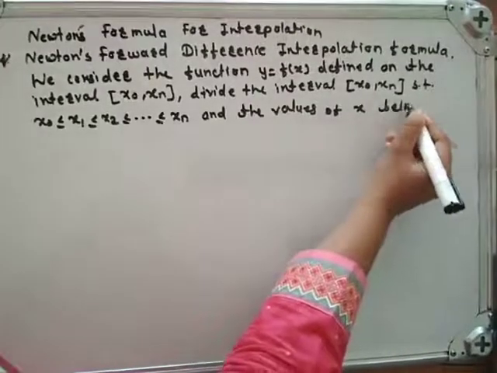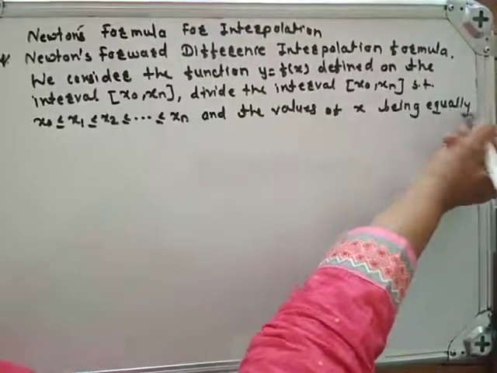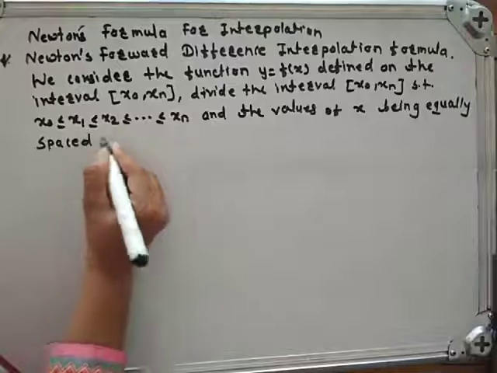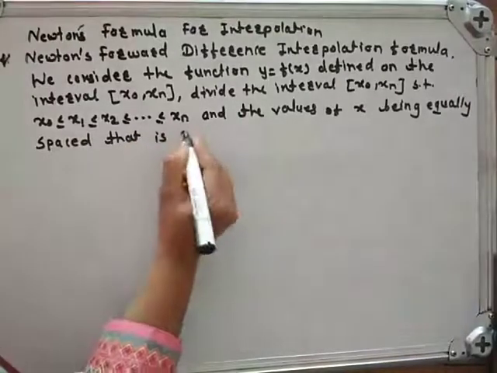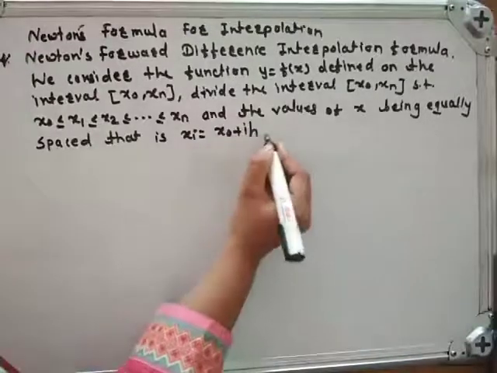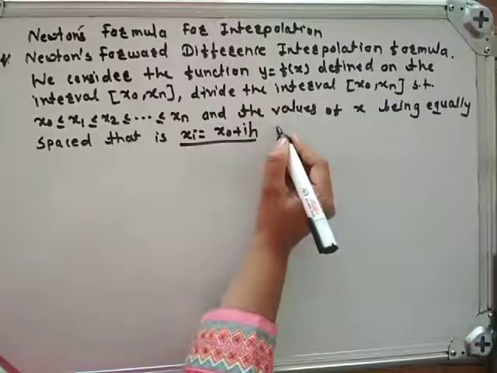and the values of x being equally spaced, that is xi is equal to x0 plus rh.